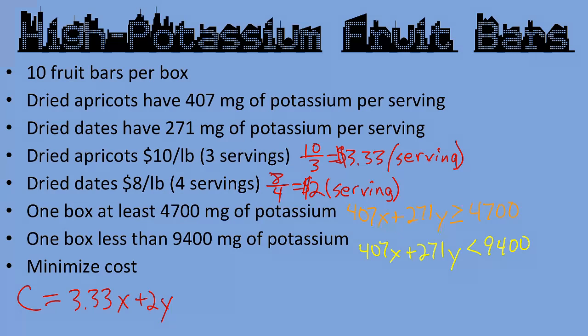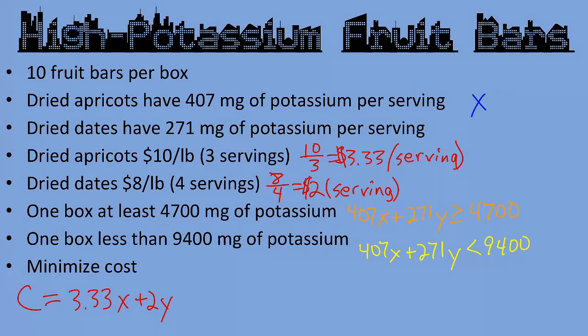There are 2 more constraints here that we haven't talked about. Can anyone figure out what they are? Well, our pricing is right here. We need to have some apricots or dates in there, right?